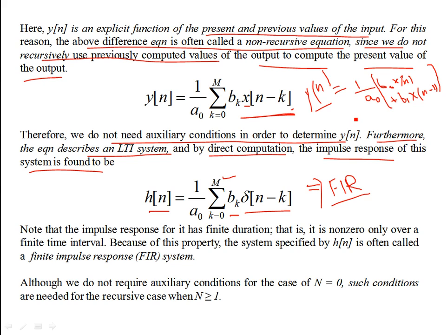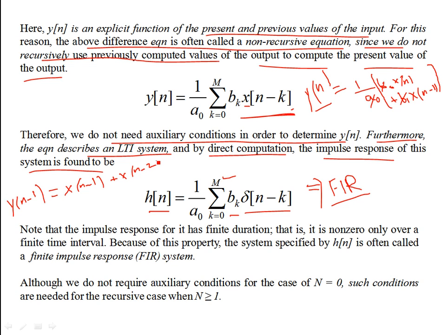How? If you look at this output, I can also write this as y of n minus 1, and if we normalize a naught, b naught, and b1 to 1, then y of n minus 1 will be x of n minus 1 plus x of n minus 2.